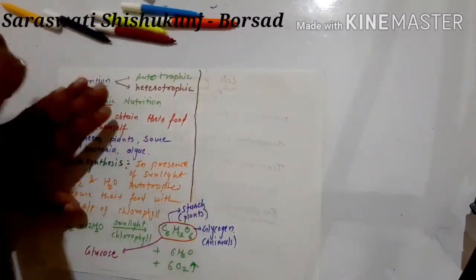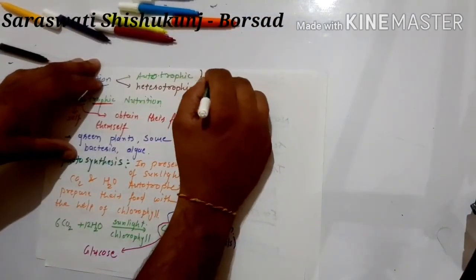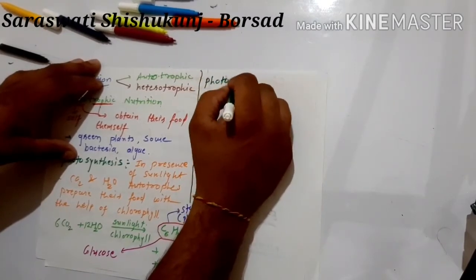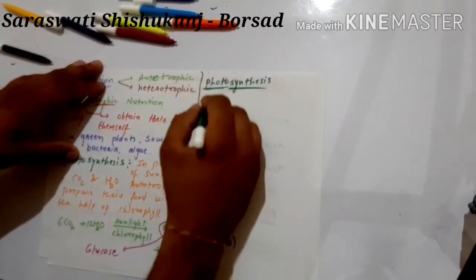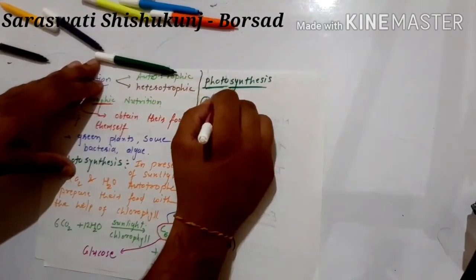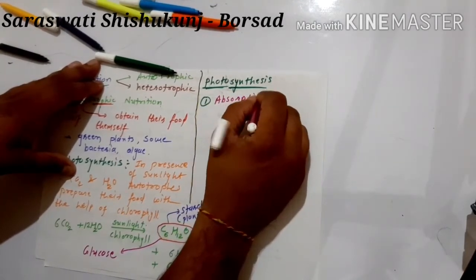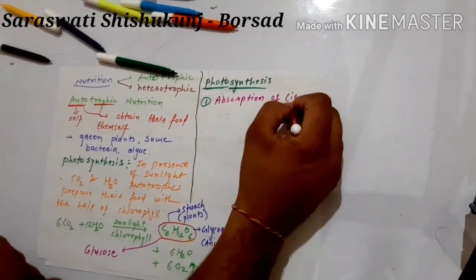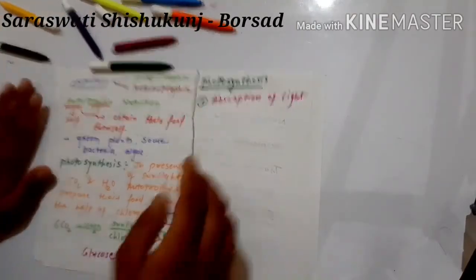Generally the photosynthesis reaction is done in three steps. First step is absorption of light.